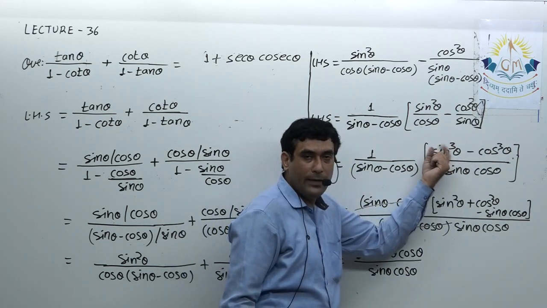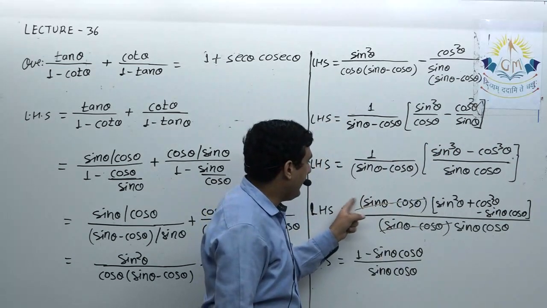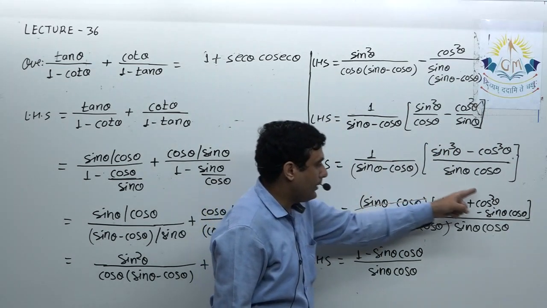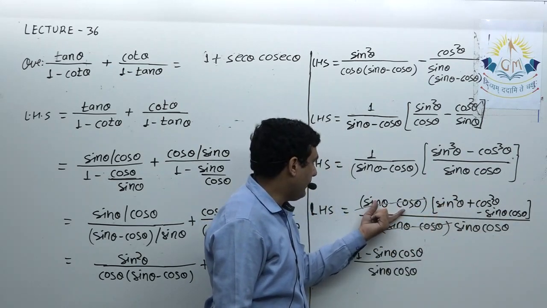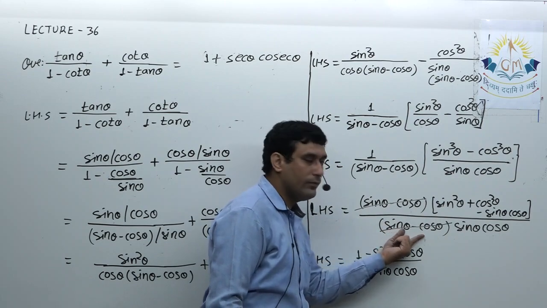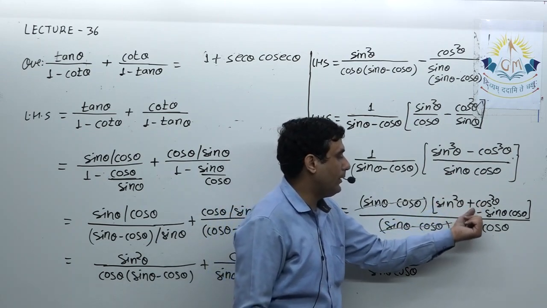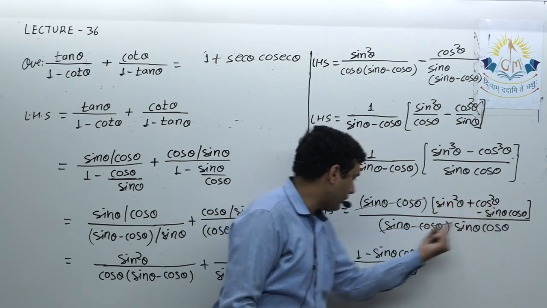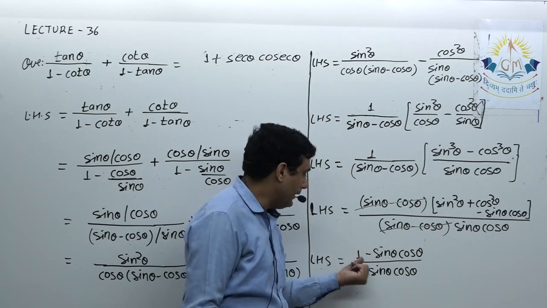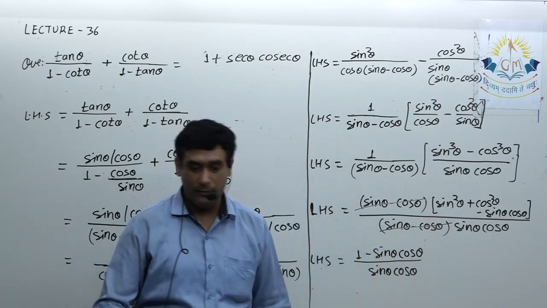Then I applied the identity of a cube minus b cube, that is a minus b, a square plus b square minus ab. This sin theta minus cos theta cancels out with this sin minus cos. Here I am left with sin square plus cos square minus sin theta cos theta. This sin square theta plus cos square theta I replaced by 1, then minus sin theta cos theta, and denominator as it is.